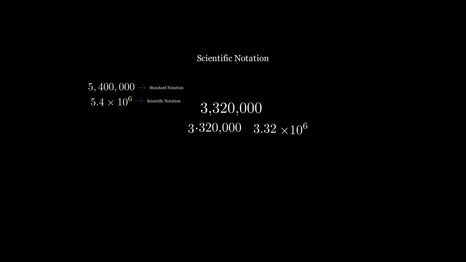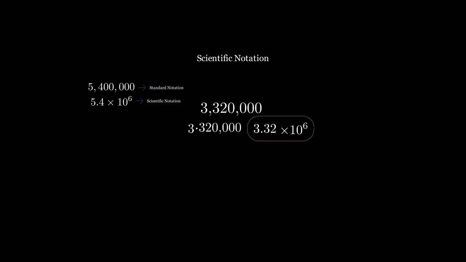The next step is to multiply this number by 10 raised to the power of the number of places the decimal point was moved. In this case, the decimal point was moved 6 places to the left. So the number is multiplied by 10 to the power of 6. So this number in standard notation is equal to 3.3 times 10 to the power of 6 in scientific notation.